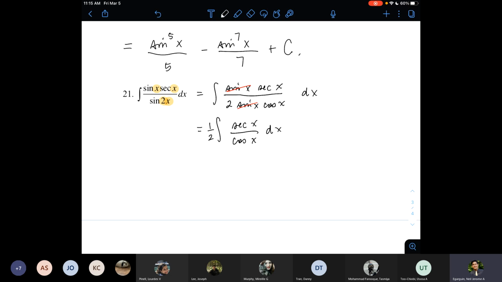But again, if you try u substitution, nothing will work. So try another trig identity. Remember, 1 over cosine is exactly secant. So basically, this is just 1/2 secant squared x dx. And it is elementary in form because we have a formula for the integral of secant squared, which is tangent of x. And then just put the arbitrary constant c.